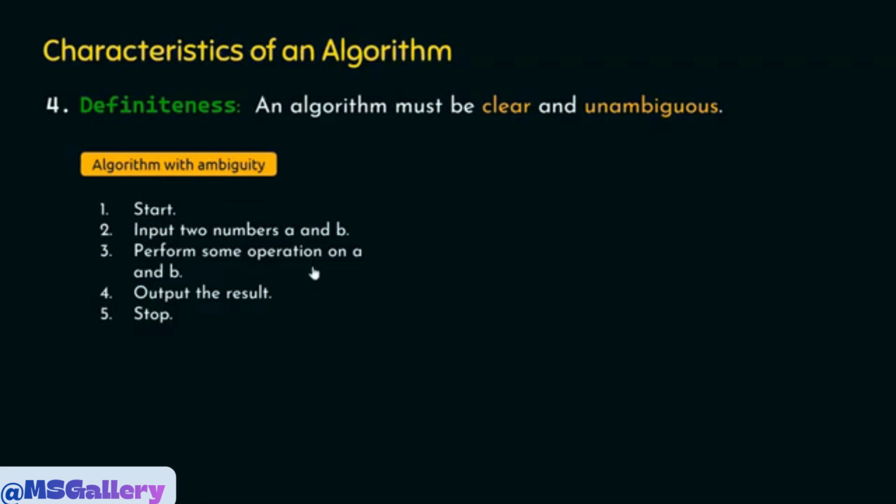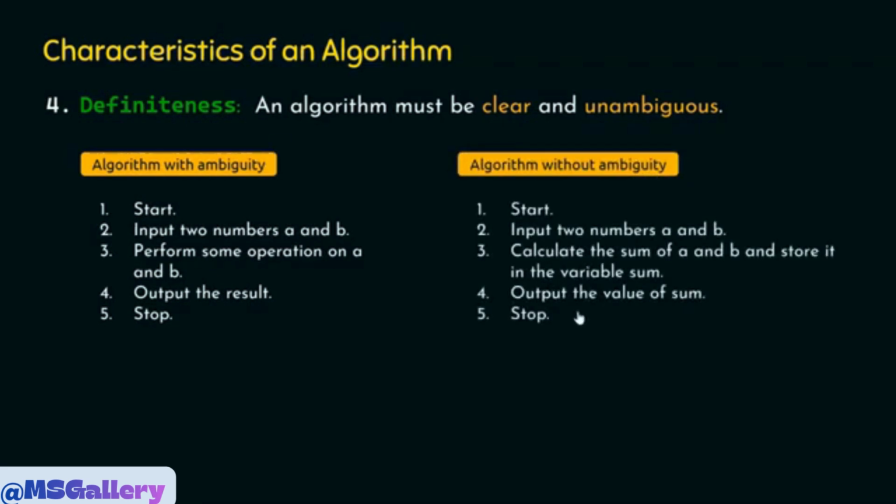On the other hand, let's discuss an example of an algorithm which does not have any ambiguity. So here is the example algorithm. Here we are asking for two numbers a and b, and then we are calculating the sum of a and b and storing it in the variable sum. After this, we are outputting the result of the sum. Here we are clearly specifying in step number 3 that we want to calculate the sum of a and b.